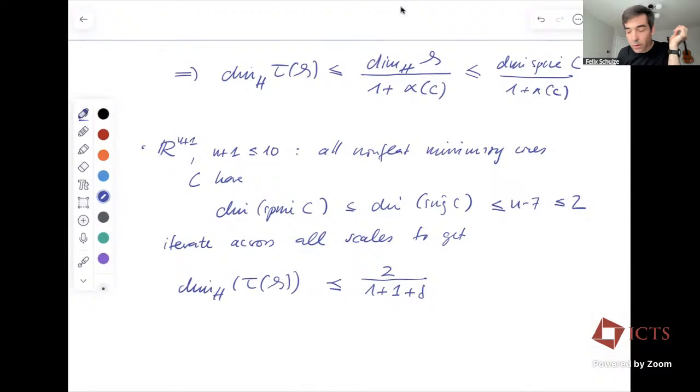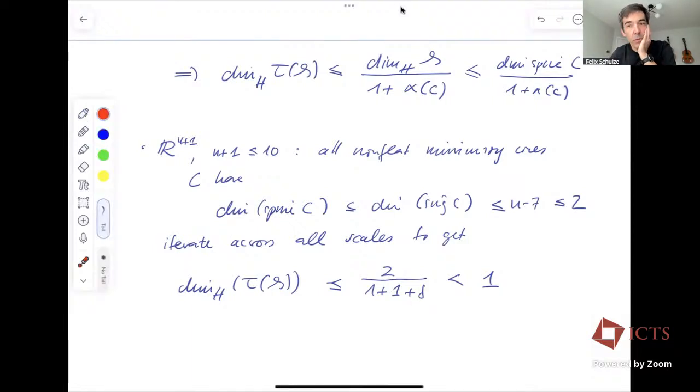And we have 1 because this is less than 1. So we see in dimension up to dimension 10, this gives you that the Hausdorff dimension of the image should be strictly less than 1. And we can even say there's a little delta. And this gives us our result. Remember, this was what we wanted to prove.